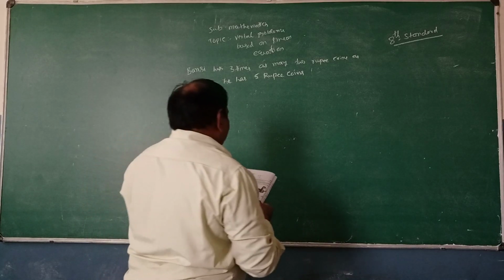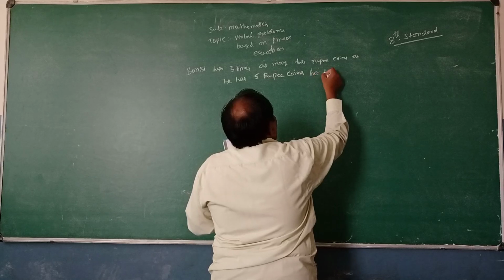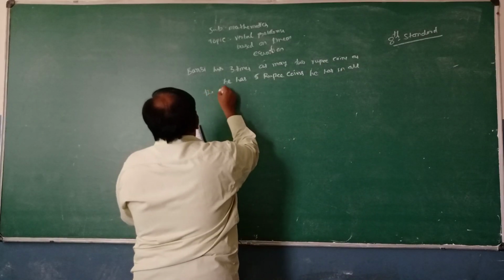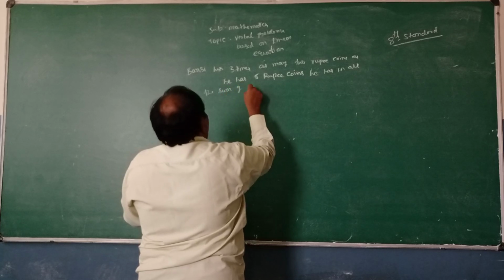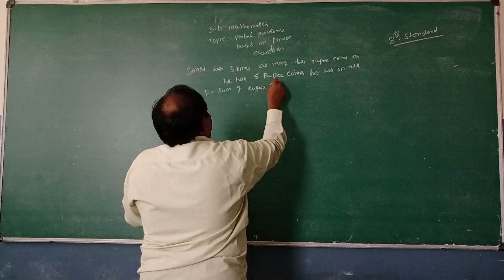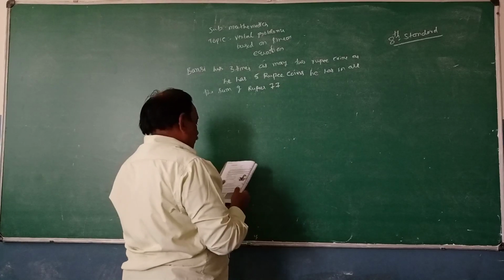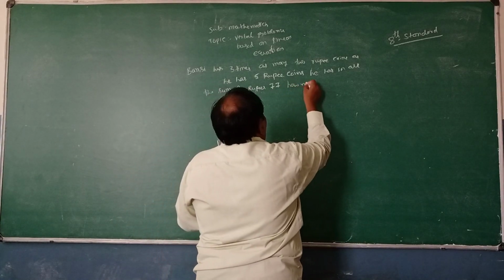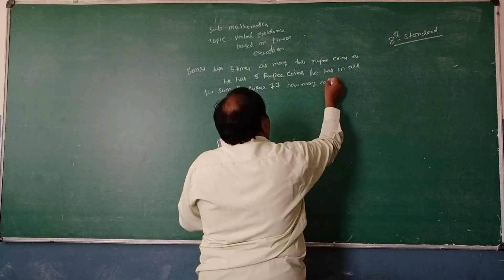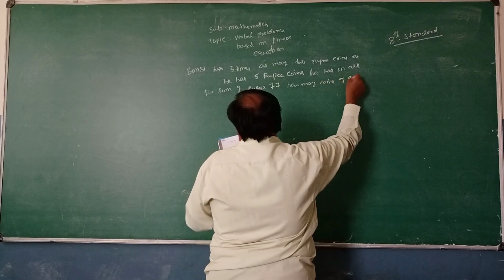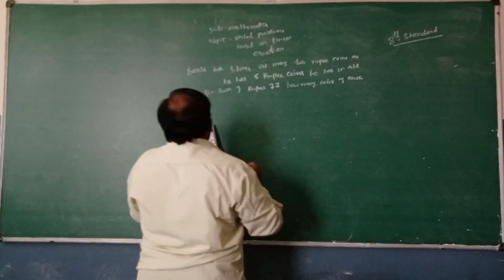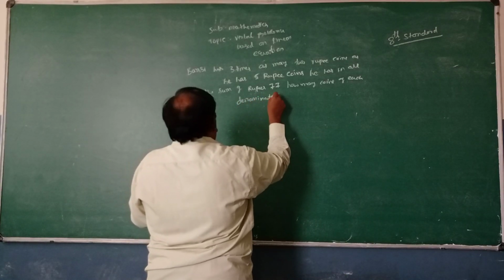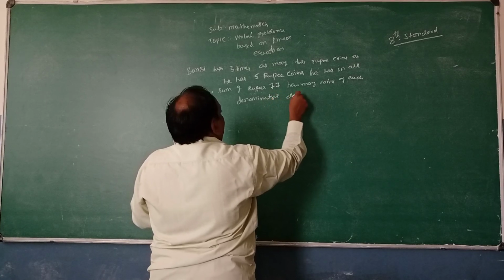He has in all the sum of rupees 77. How many coins of each denomination does he have?